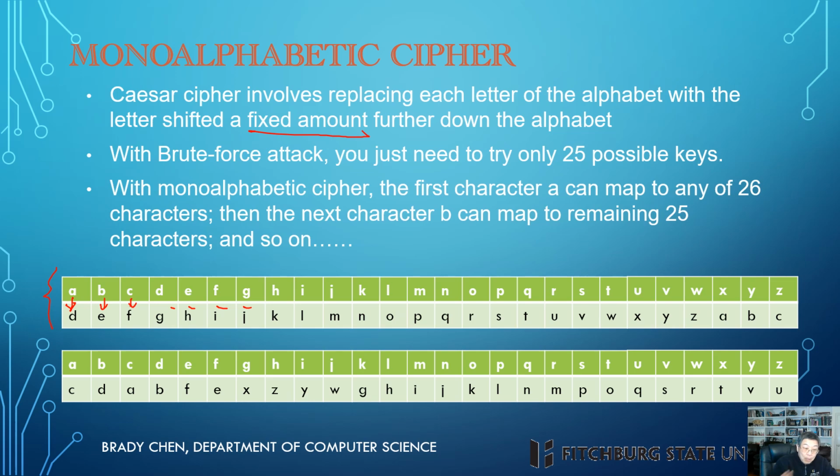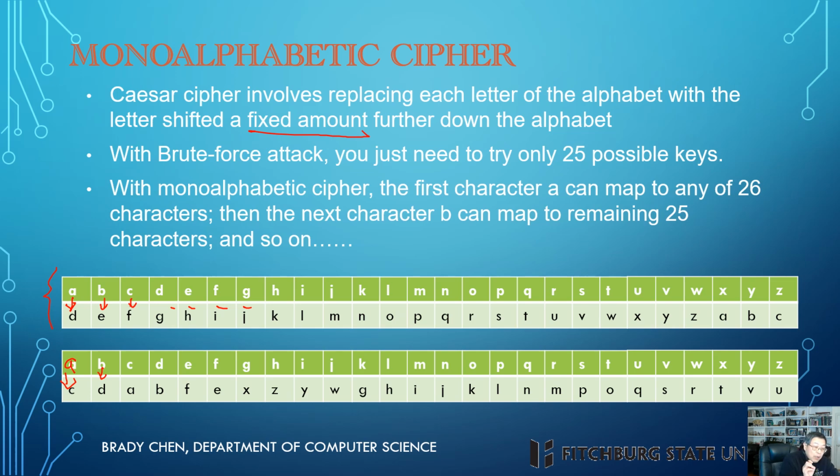Okay, that's fixed. But not the monoalphabetic. The monoalphabetic can map A to any character in the list. A could map to A, could map to B, could map to C, or any of the 26 letters. And also, once the map of A is selected, then you can map B to any remaining letter.